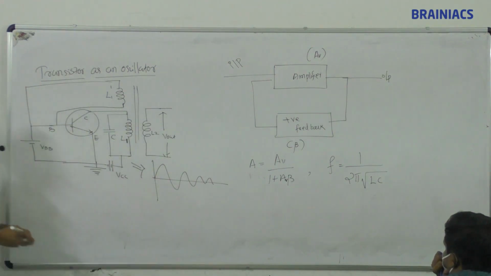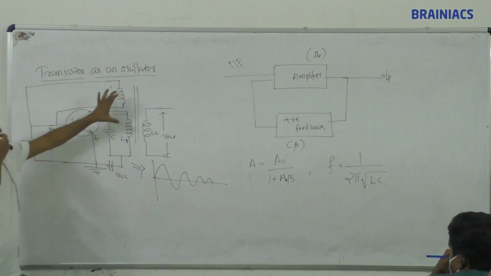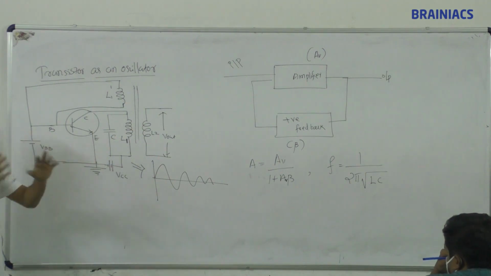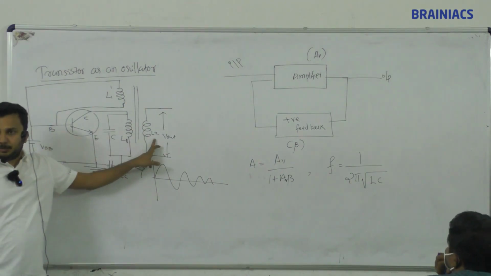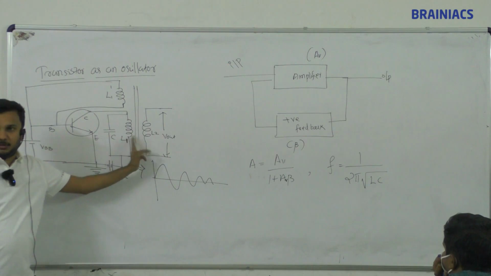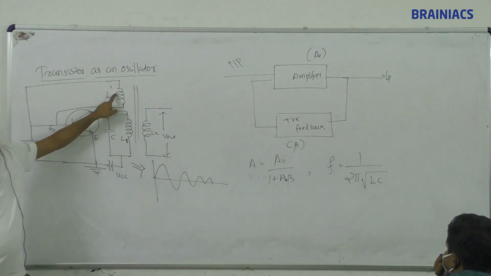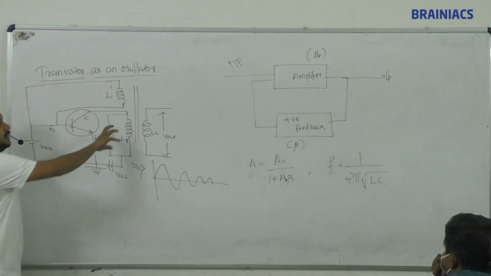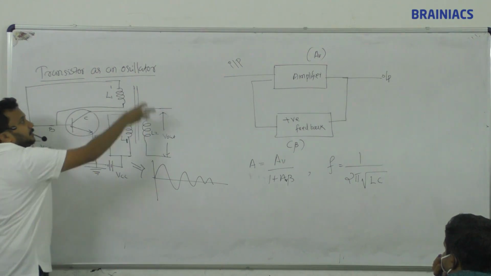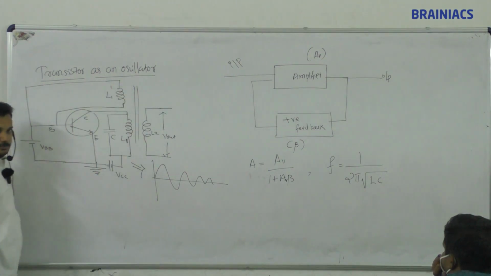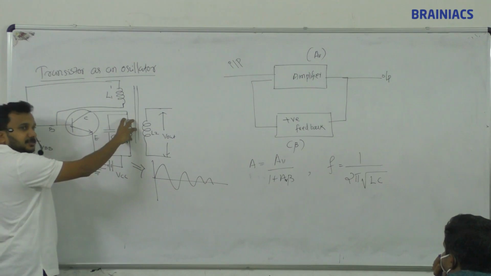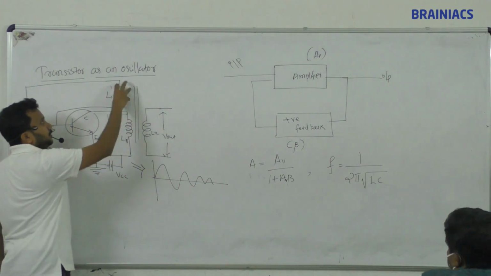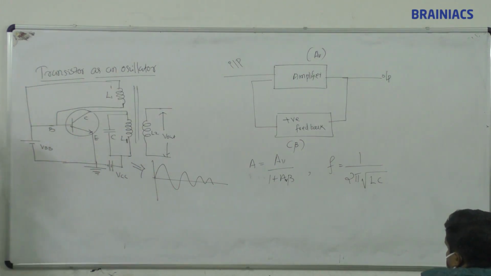Next, what happens is this is connected with the same core, which means within the same transformer, one coil is taken as the output. The transformer output is coupled with this coil. Coupled means whatever changes happen here will be transferred to this coil also. This coil will have some changes, and those changes are transferred to this coil. That is called mutual inductance.